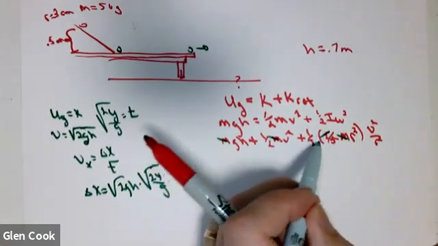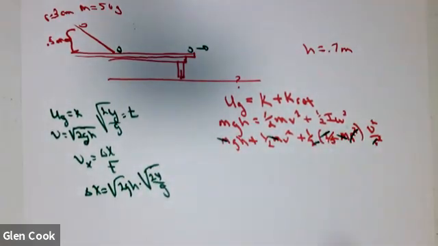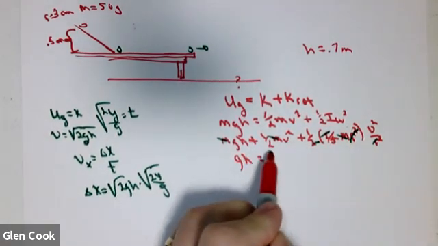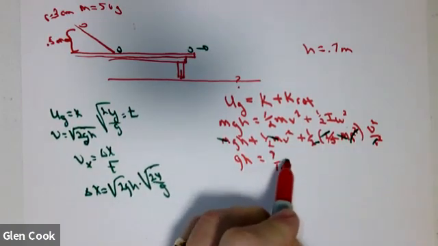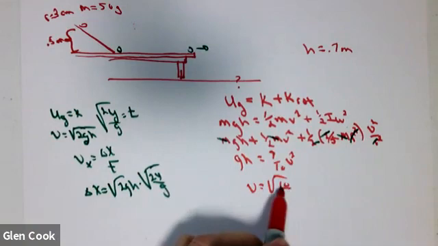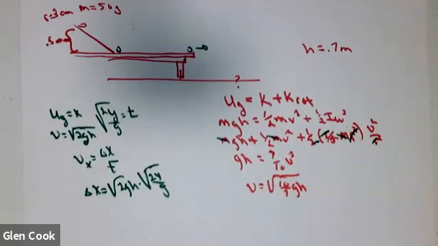The 2's will go away, we end up with 1/5, and the r's will go away. And so we end up with gh equals 7/10 v squared. And so v will be the root of 10/7 gh. All right, that would be my velocity.